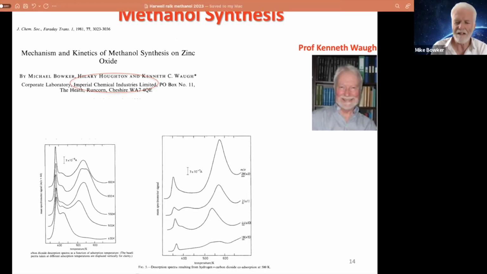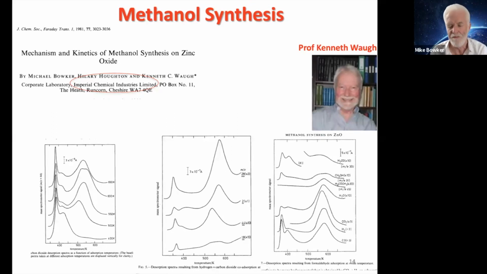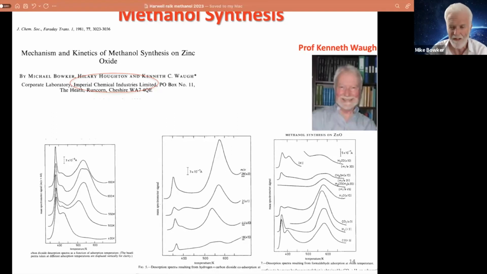Furthermore, if you mix CO2 and hydrogen, you get four products coming off the surface: hydrogen itself and CO2, and CO and hydrogen. And also, if you dose with the product of the reaction, either formaldehyde, in this case, but also methanol, you see a fairly complex desorption pattern, but it's similar in temperature to the middle panel.